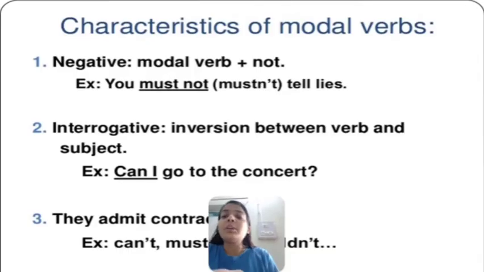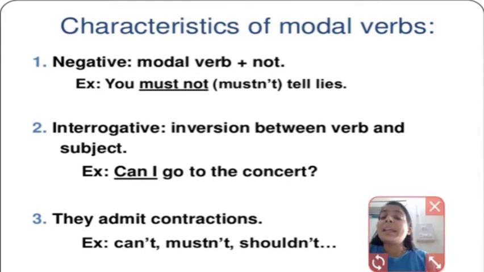Now, have a look at the characteristics of modal verbs. The first characteristic is that they can be used with not to create negative sentences, like you must not tell lies, you cannot do this. We use not after a modal verb.